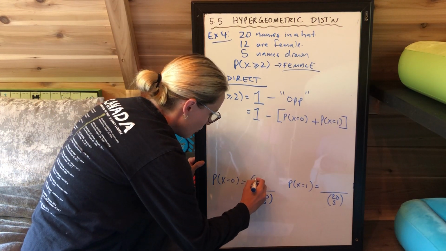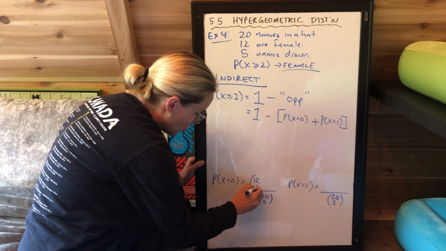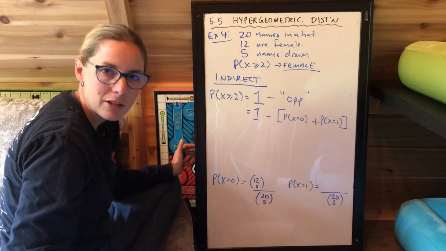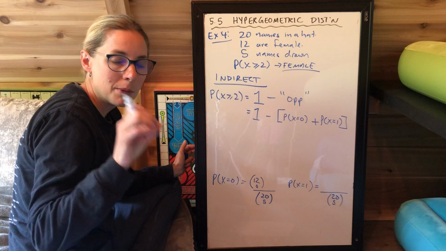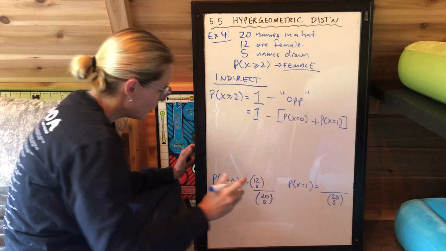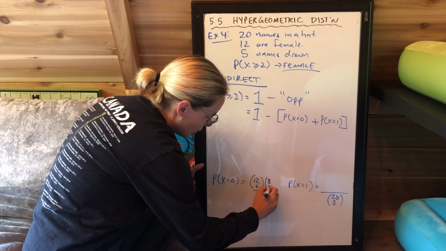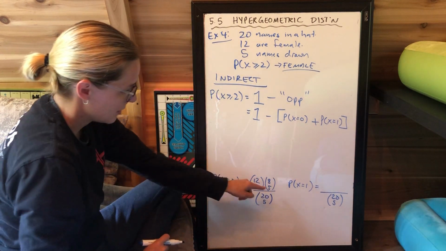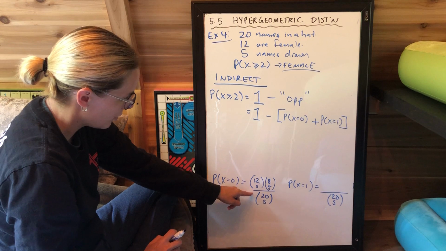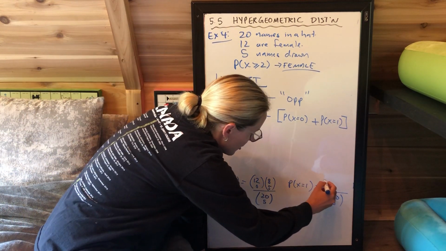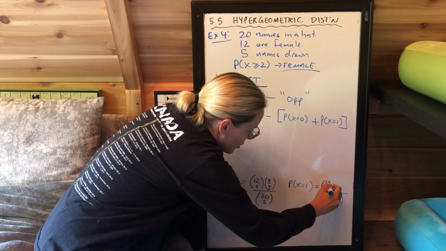Okay? So of the 12 females we want to choose 0. Well, it doesn't tell us how many males there are. But if there's 20 people's names in a hat and 12 of them are female, that means 8 of them are male, and we want all 5 of them in this case to be chosen as male, because we want 0 females. On this one, the only thing that changes is, of the 12 females, we choose 1.